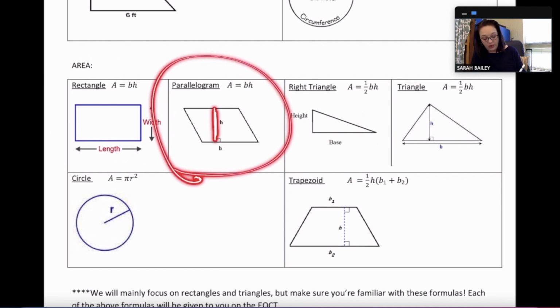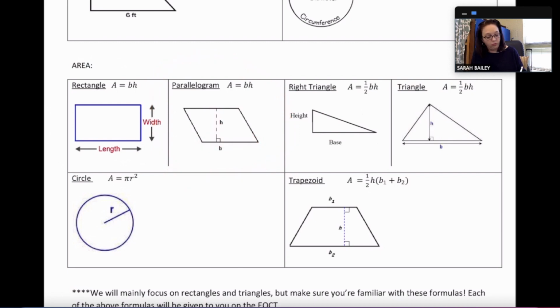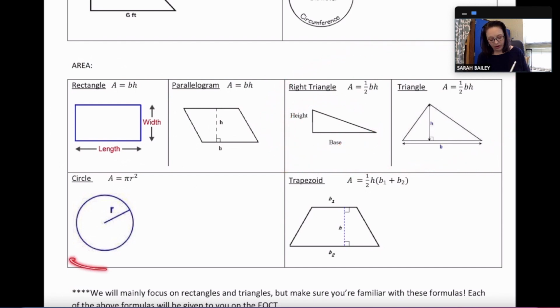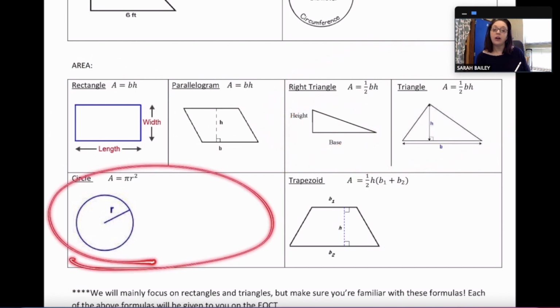So the height is going to be perpendicular to the base, not necessarily one of the sides. For triangles, whether it's a right triangle or any other type, you do 1/2 times base times height. But in a right triangle, the base and the height are the legs of the triangle. Area of a circle is pi r squared.